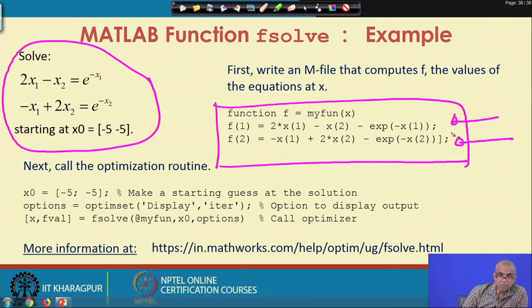Now, we call the optimization routine fsolve. First, you supply the initial guess x0 equal to -5, -5.